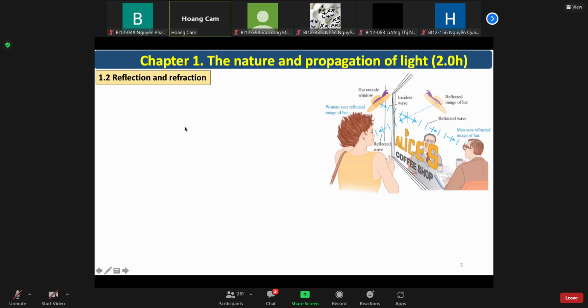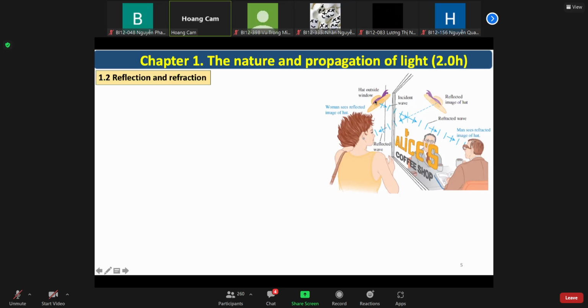Now we will enjoy this figure. Looking at this figure, there is a woman and two men drinking coffee inside the coffee shop, Alice Coffee Shop. There is a glass window here, and due to some wind, the hair of this woman flies like this.